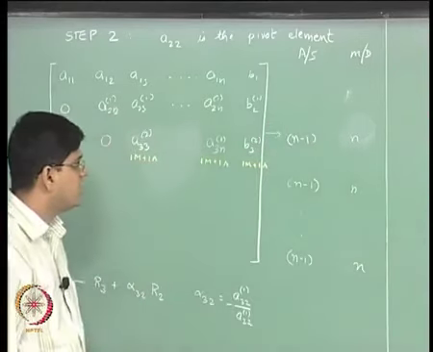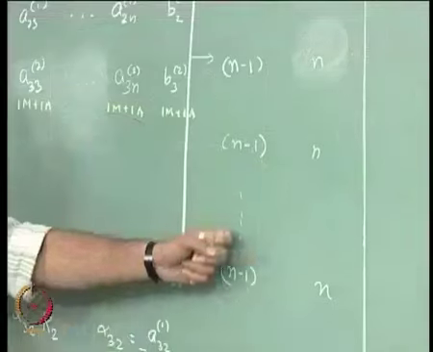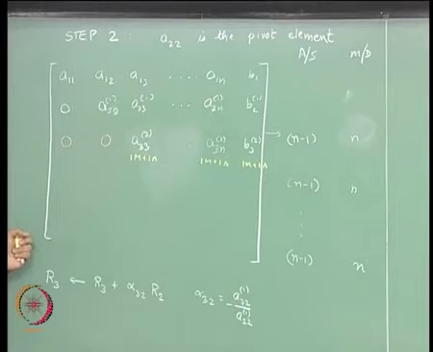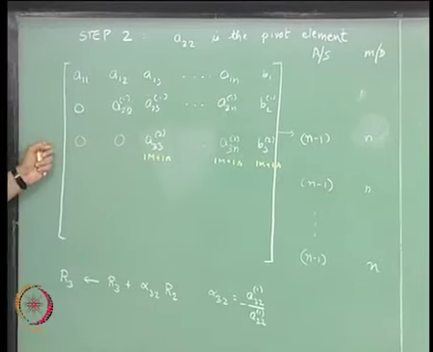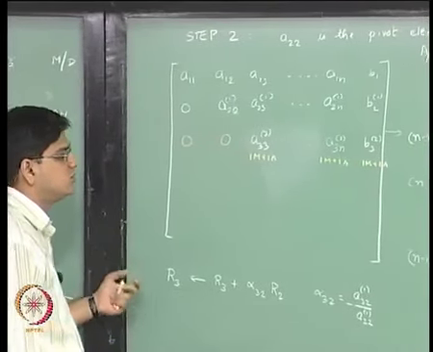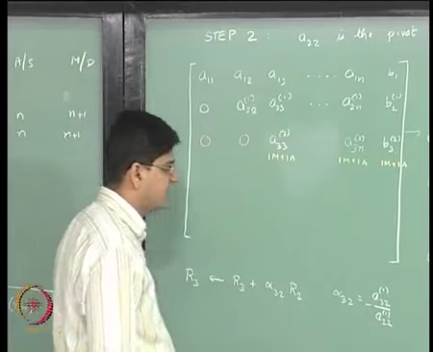Okay. The total number of rows is n, and the rows that are changing are row number 3 to row number n. So that means n minus 2 rows where these operations we are conducting.